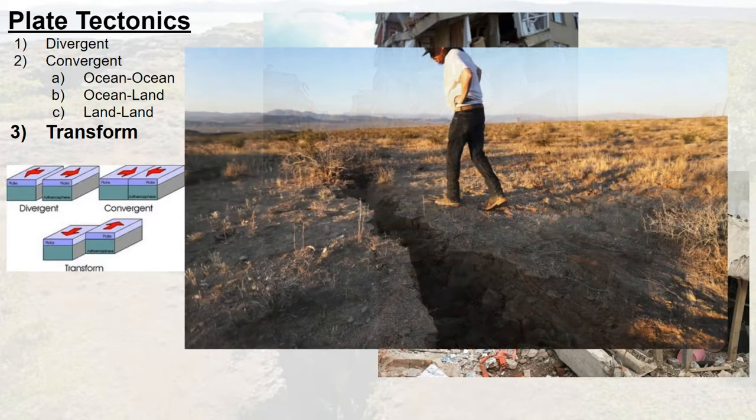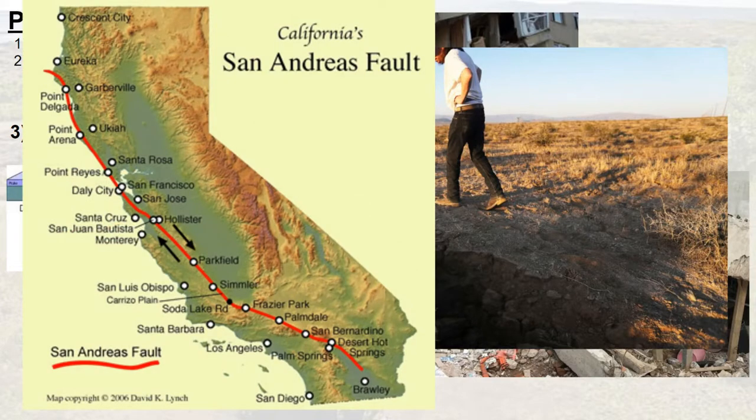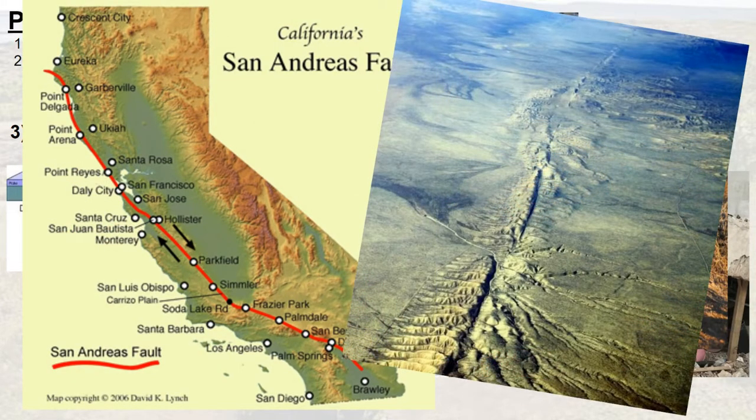An example of this is in California, where the Pacific plate is sliding by the edge of the North American plate. This has created the San Andreas fault zone, where earthquakes are quite common.